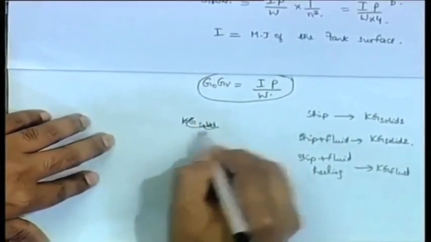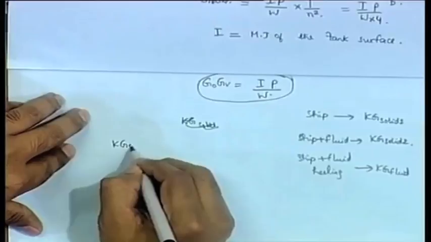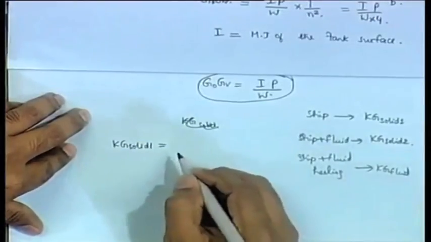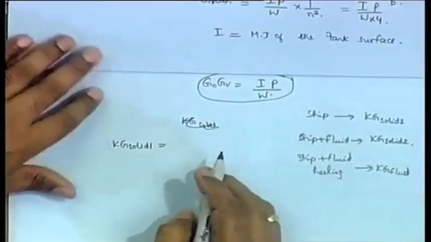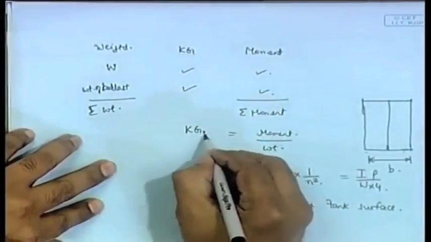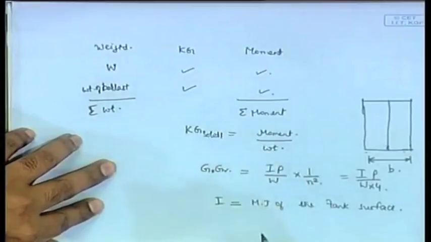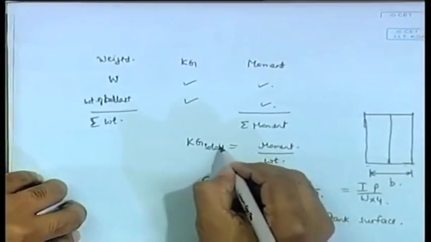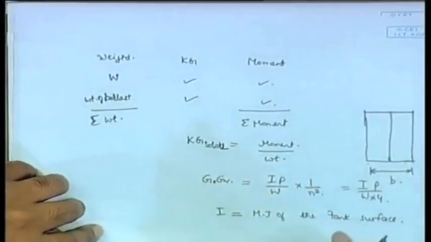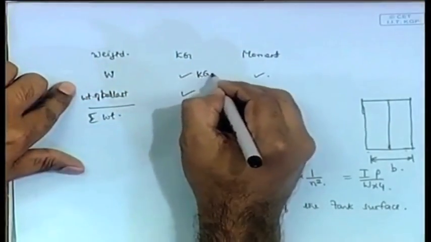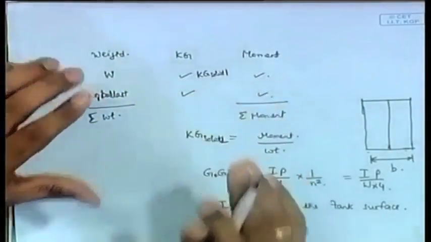Now, here you have your initial kg and now you have your kg solid 1 that we have already calculated using that table. This is kg solid 1. Now, you need to find kg, no, this is kg solid 2, sorry, I am confusing you. Kg solid 1 is actually just the ship alone.